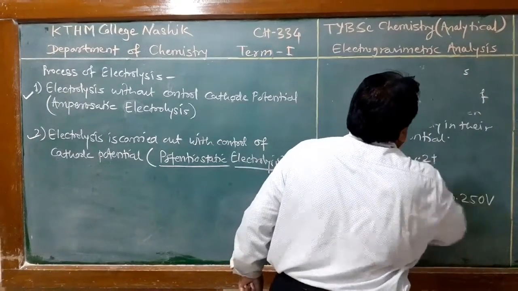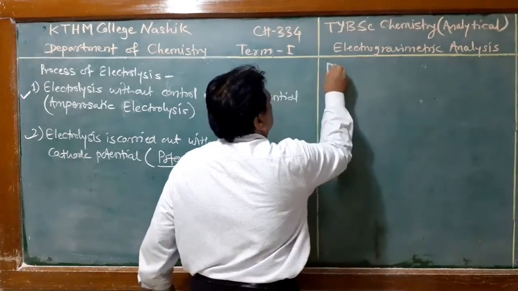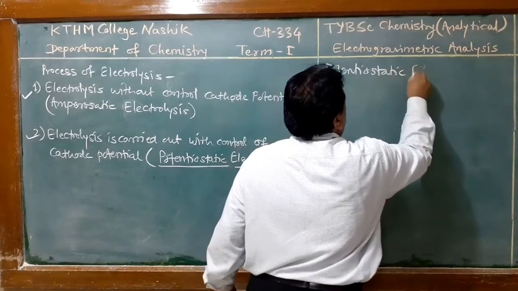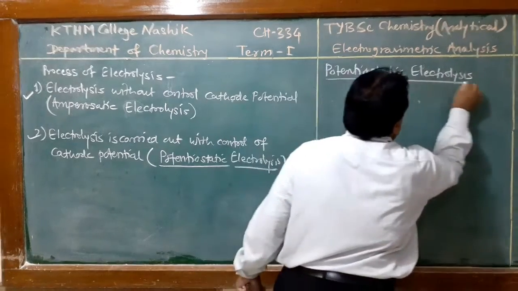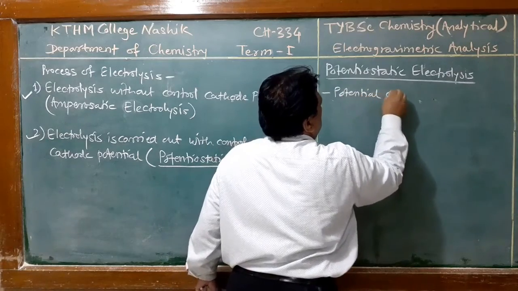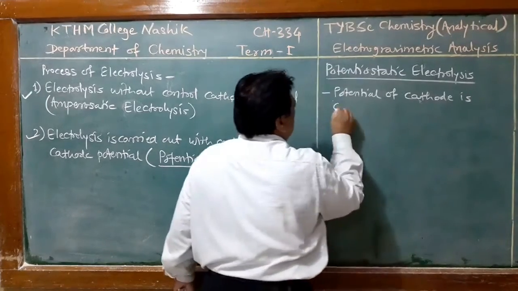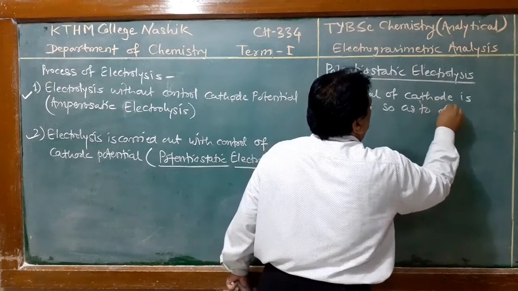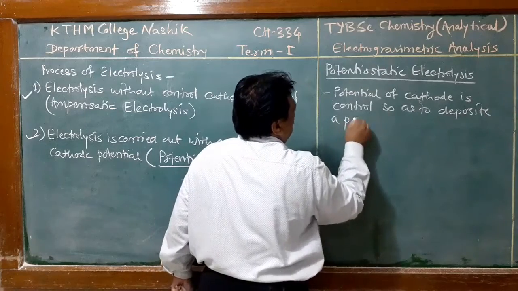Now, as the name suggests, in potentiostatic electrolysis the potential of the cathode is controlled so as to deposit a particular analyte.